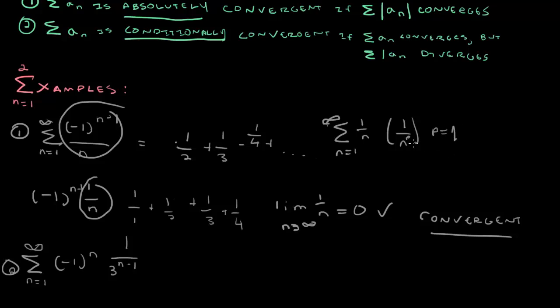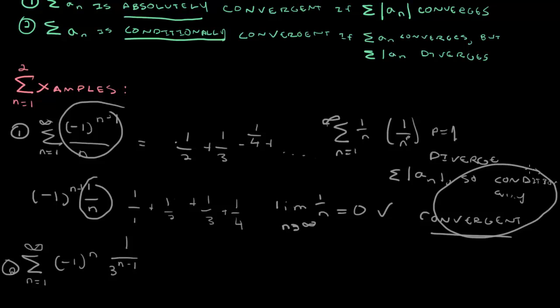Because that denominator isn't growing fast enough, the sum of the absolute value of a sub n is going to diverge. So this is only conditionally convergent. Okay, now for our next example.